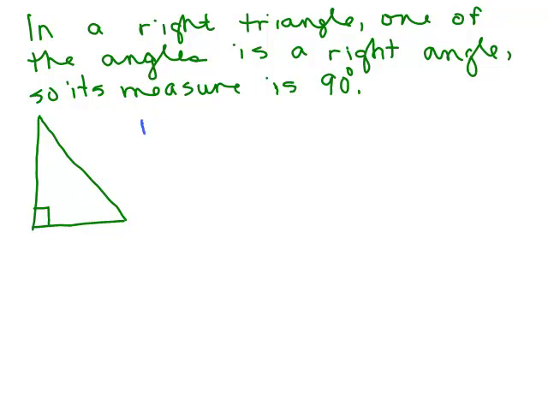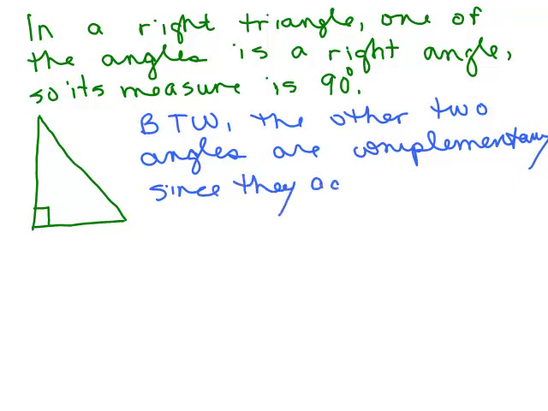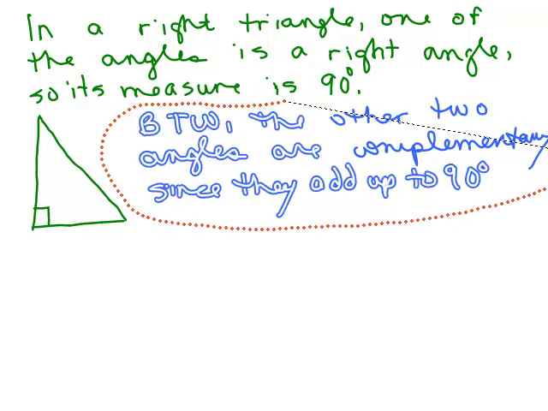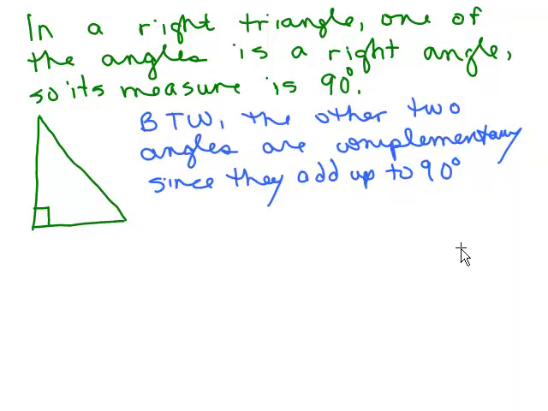So by the way, the other 2 angles are complementary since they add up to 90 degrees. I don't know if all that fit in there. Let's move this over so you could read it. Okay, so they would be complementary angles.